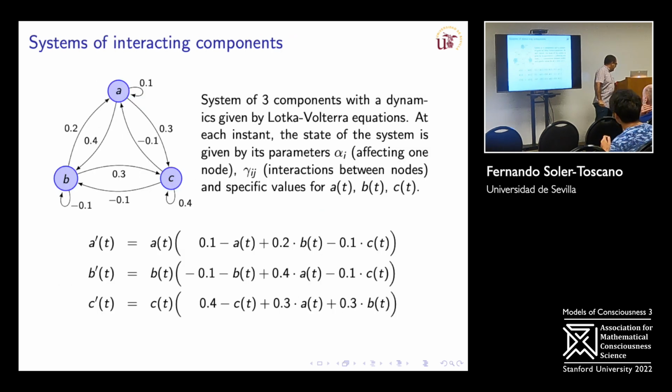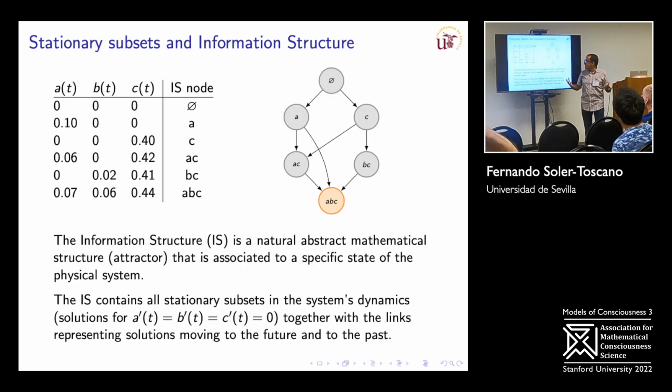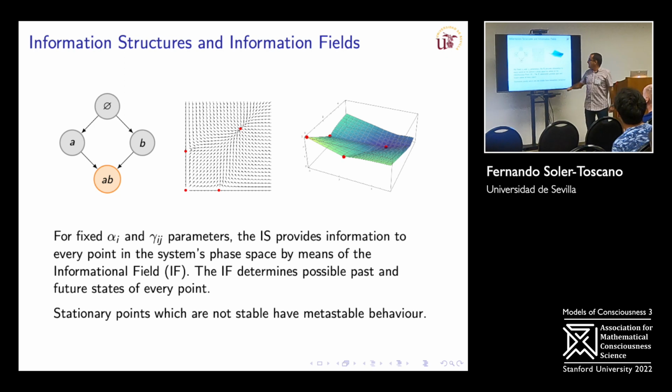To sum up, a system with a dynamics produces an information structure that is behind the dynamics of the system, and the information structure provides information to every point in the phase space of the system.